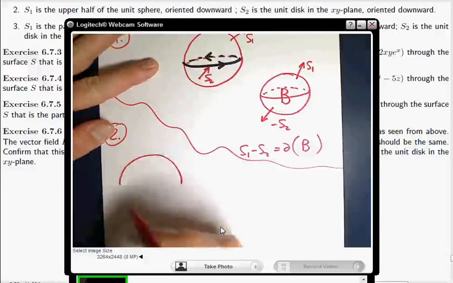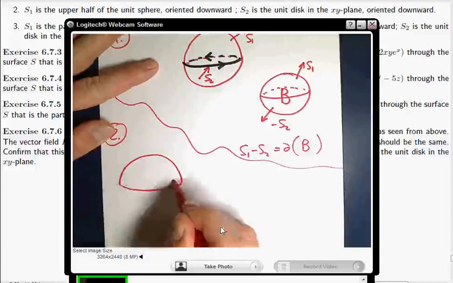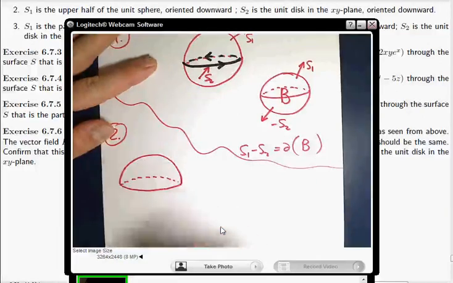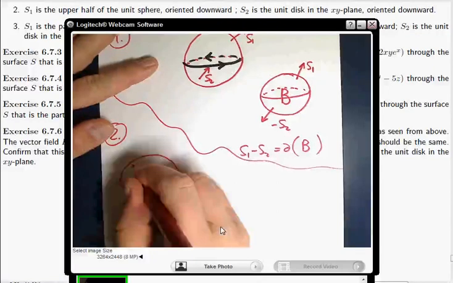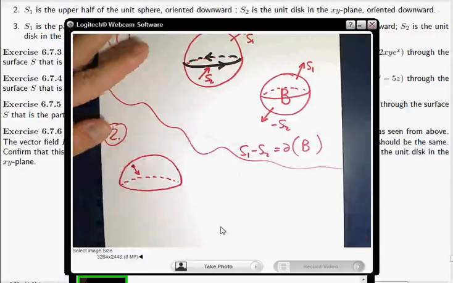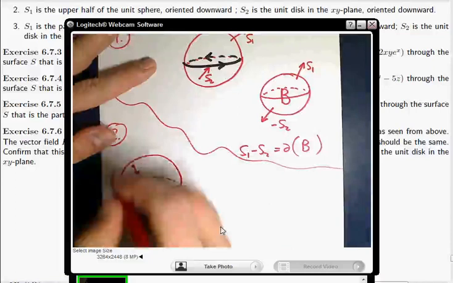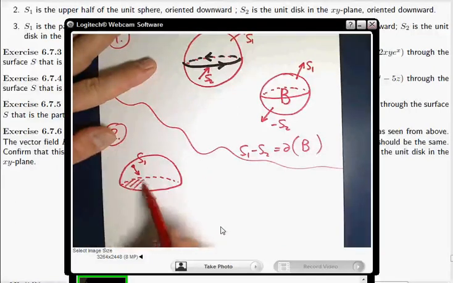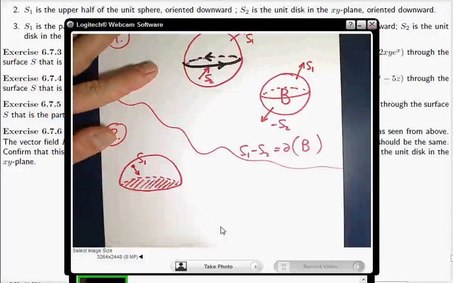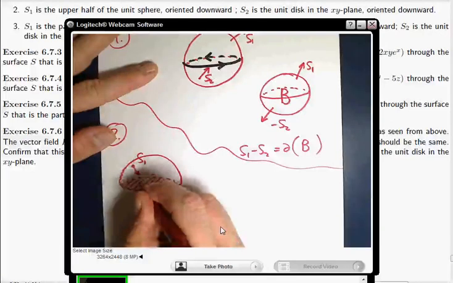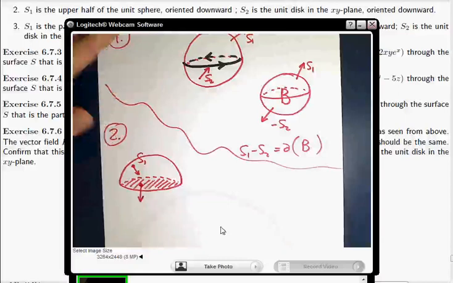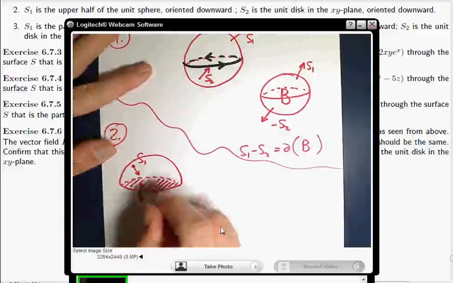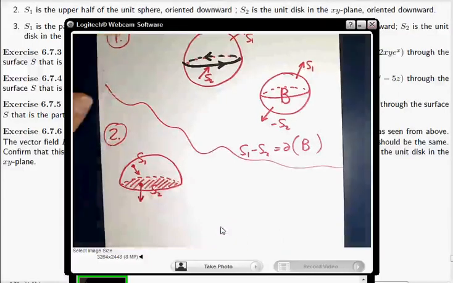So here's S1, the upper half of the unit sphere oriented downward. S2 is this disk here, also oriented downward. That's S2. Right? That's our picture. Everybody happy?